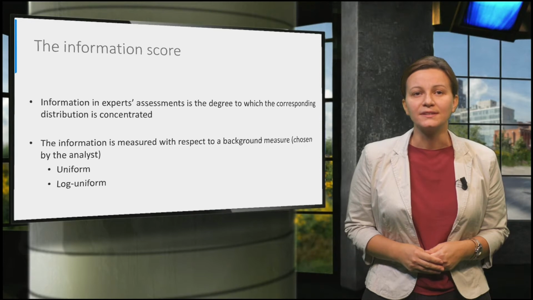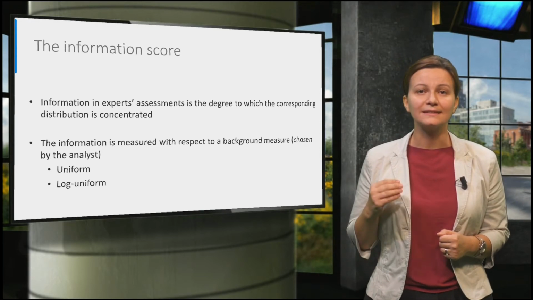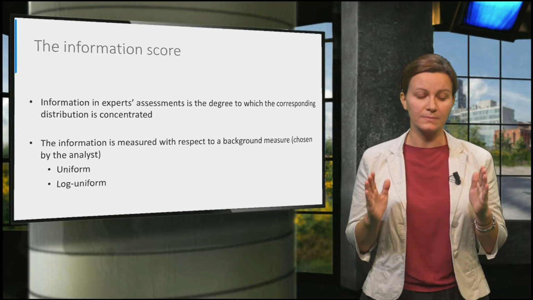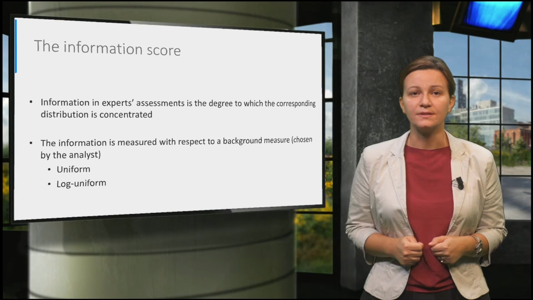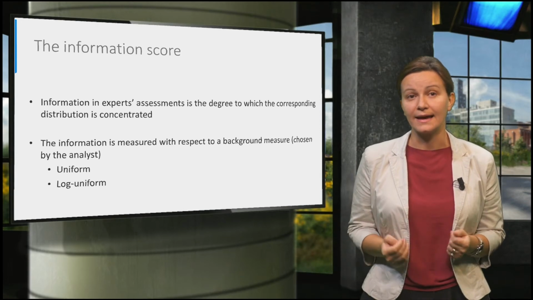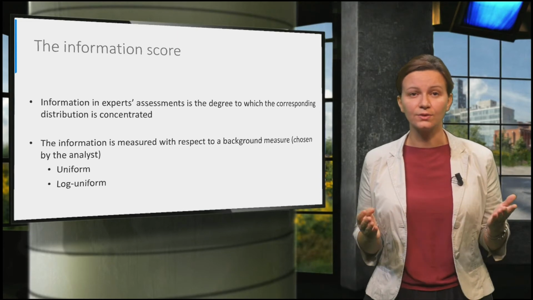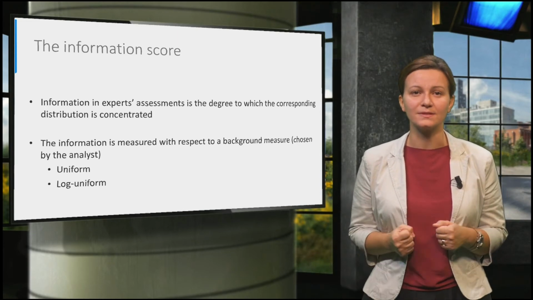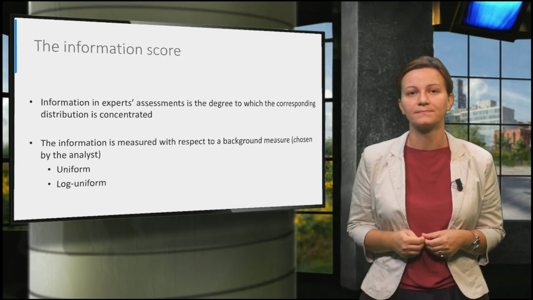Finally, it should be mentioned that intuitively the information in expert assessments is the degree to which the distribution is concentrated. Have a look at the assessments of the 3 experts and see that indeed the expert 1 assessments are least concentrated and the expert 2 assessments are more concentrated than the other 2 expert assessments.